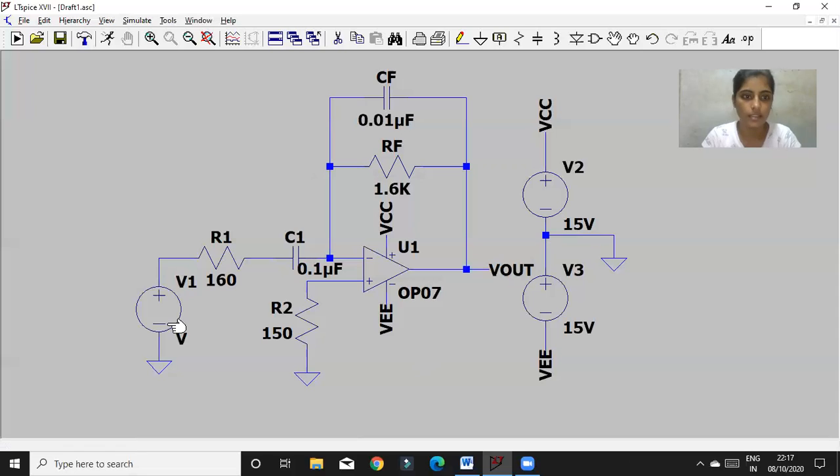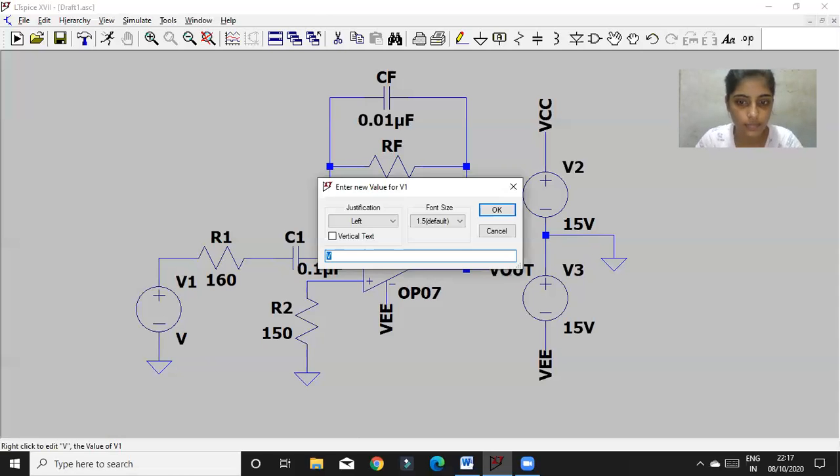Now I'm going to give the input value. This is AC, let's say 1.